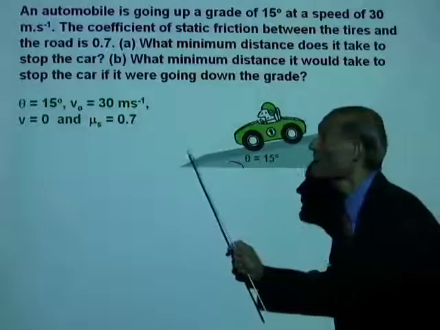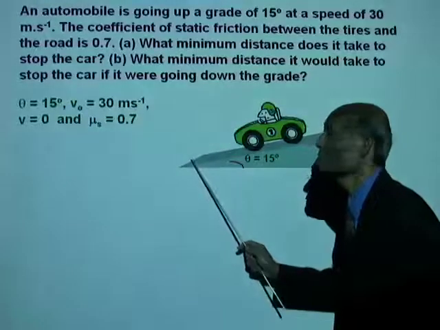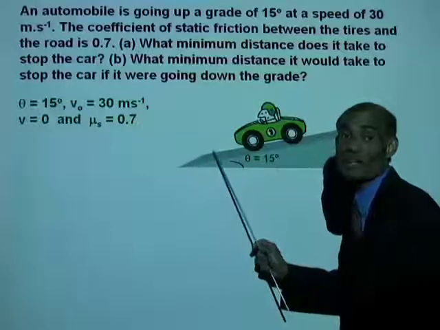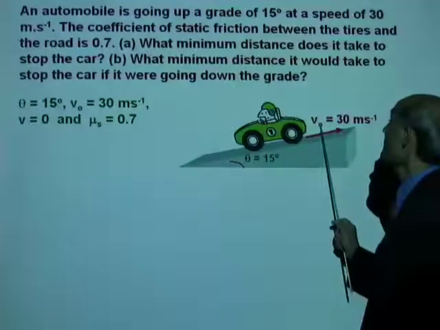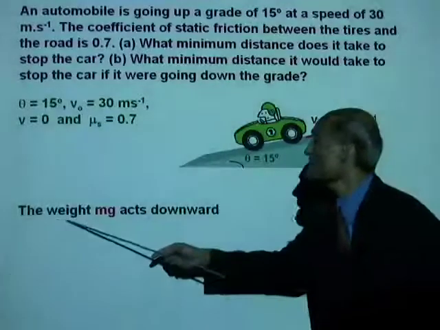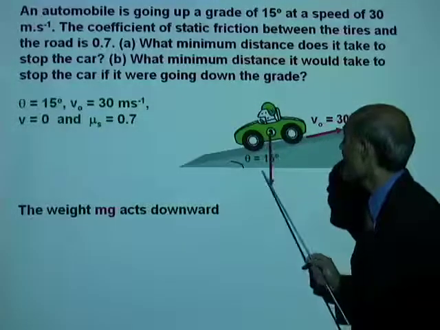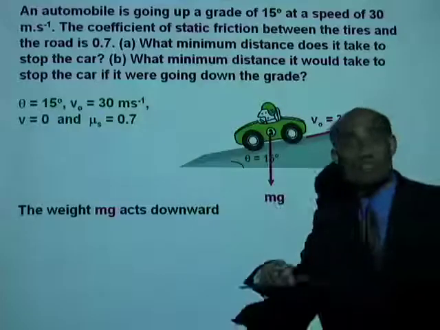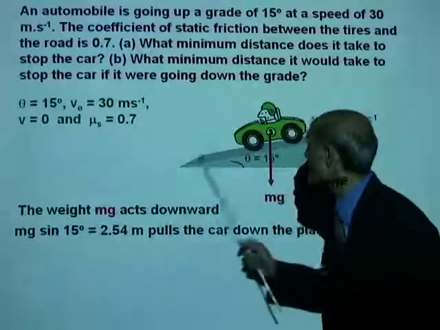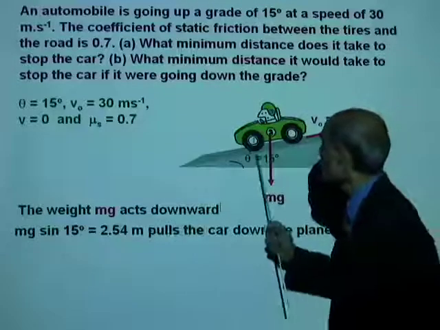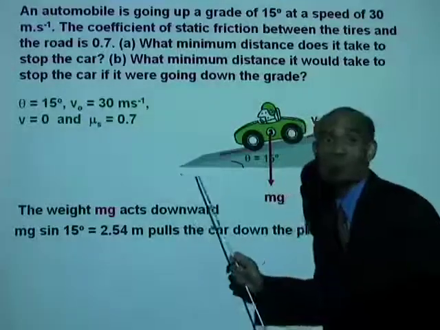When it is here, its speed is 30 meters per second. And you know what are the forces acting on it. So the weight mg of the car is acting vertically down. That's the usual routine that we do. mg sine 15 degrees will pull the car down the plane.